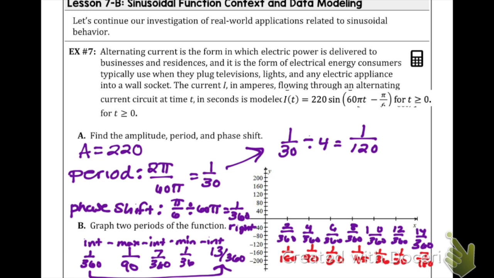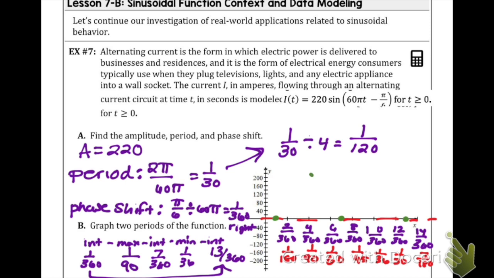Anyways, let's actually get the graph in. So my midline is at the x-axis. We are starting at 0 at 1/360th, and then we're going to end at 13/360ths, and then my middle is at 7/360ths, and then halfway, at 1/90, we're hitting a max of 220.